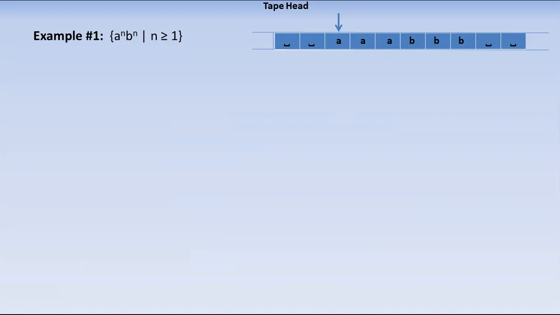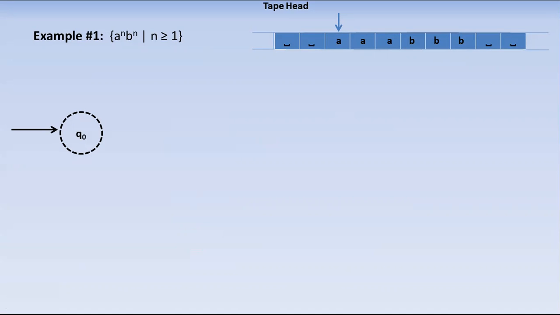Say we have started from an initial state Q0. Now whenever we read the first A, then we have to replace it with X. Then we go in the forward direction until we read its corresponding B, since we have to see whether the number of A's and number of B's are the same or not.